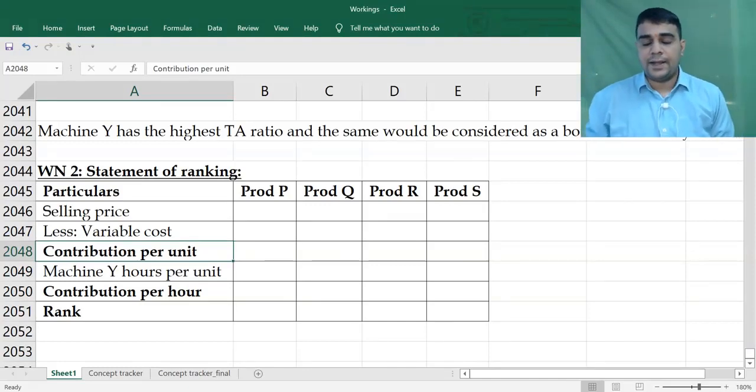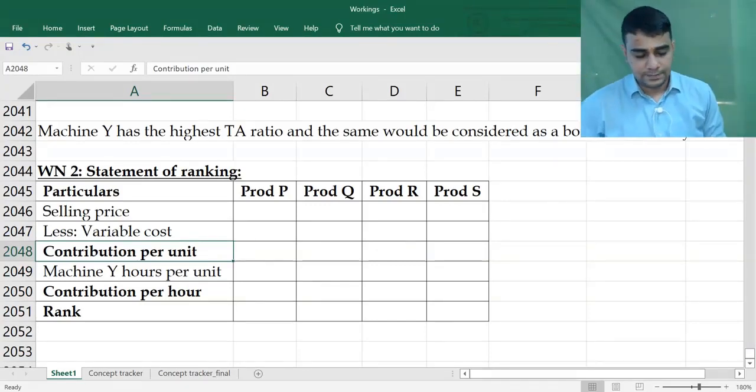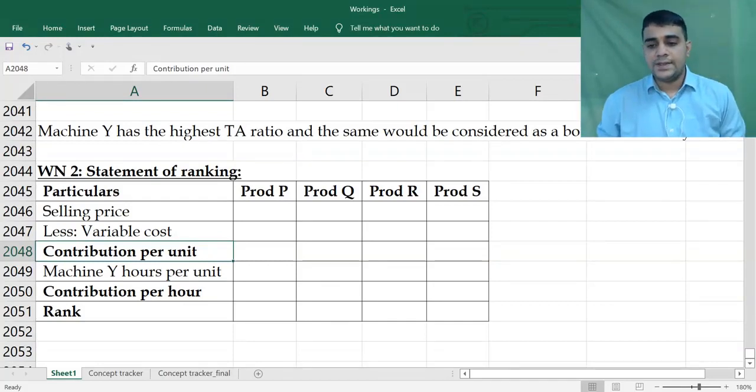Do the statement of ranking, same as what we did in marginal costing. The difference alone is only material cost is to be subtracted.